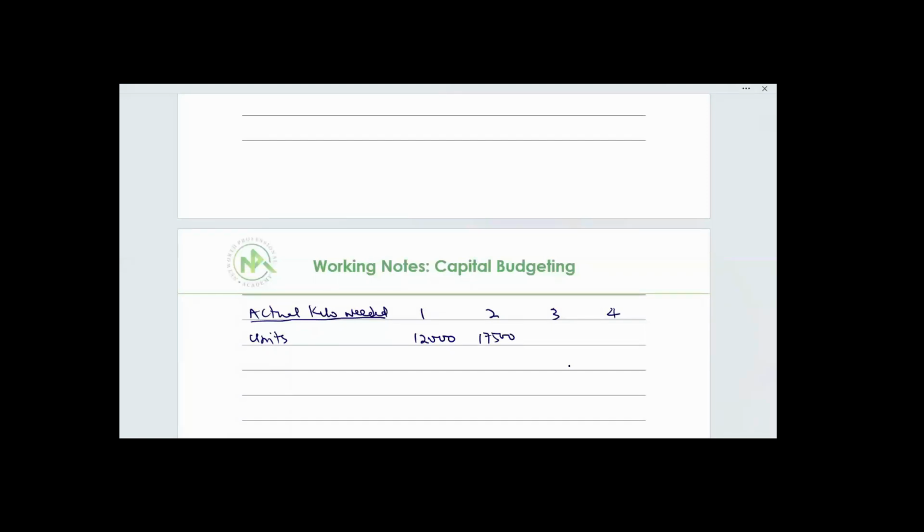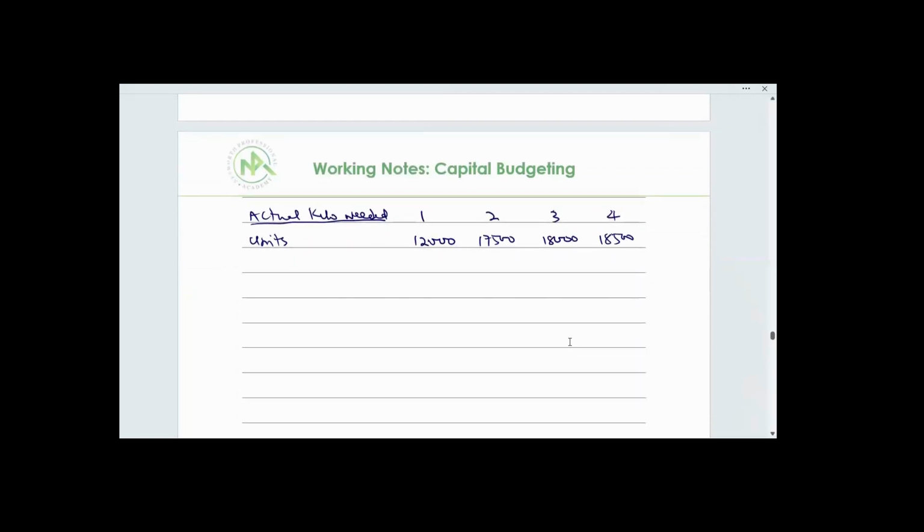Because material Z is in kilo, not in units, you need to convert the unit to kilo by multiplying with 6 kilos. 12,000 multiplied by 6 will give us 72,000. Do the rest.